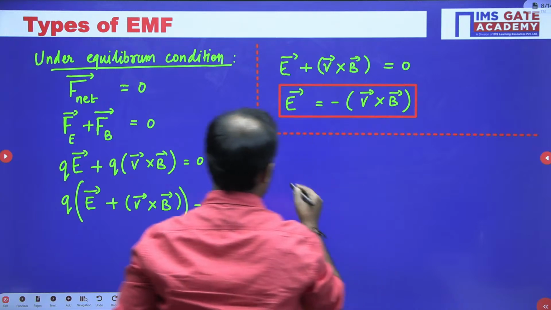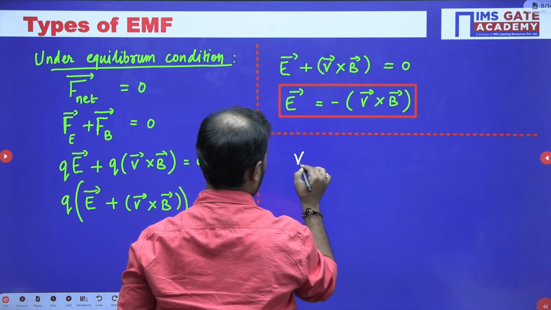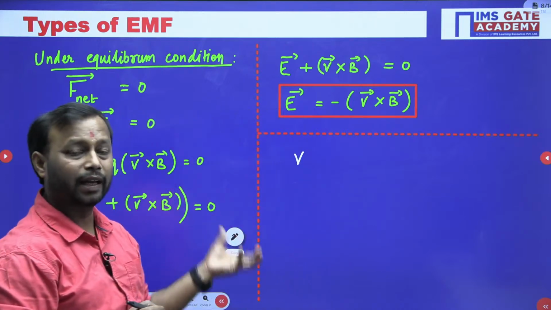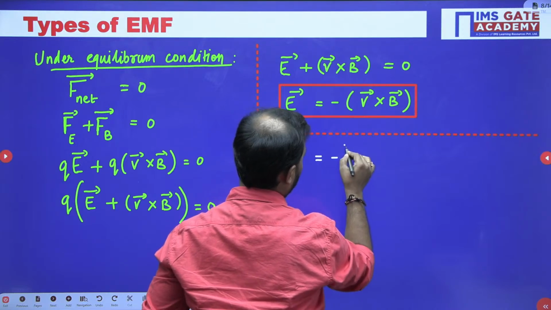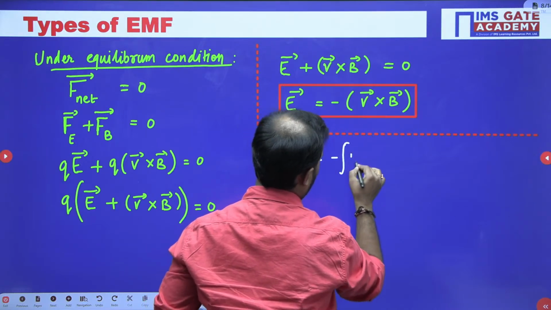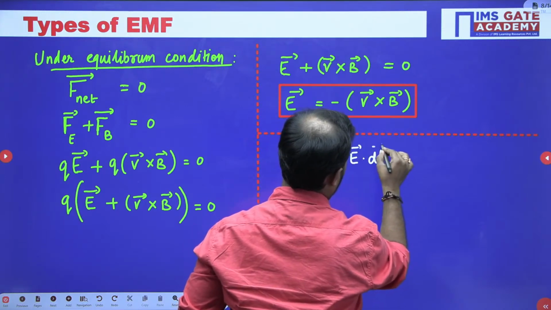Okay. So V, that is EMF or potential difference, is equal to minus integral E dot dl.